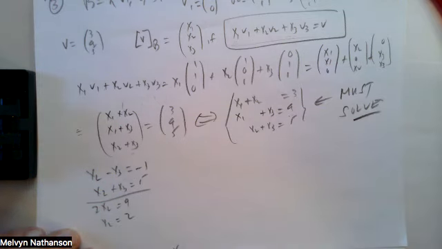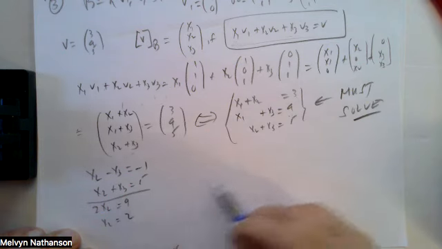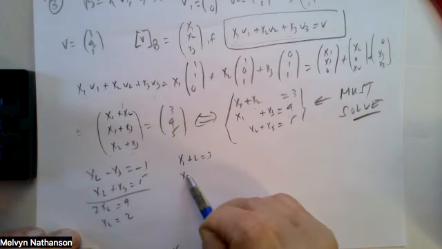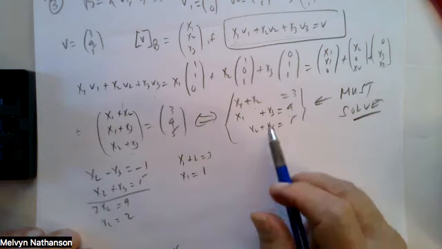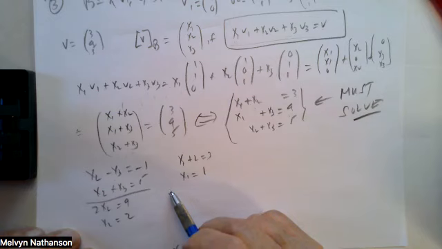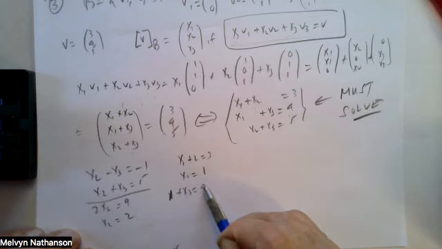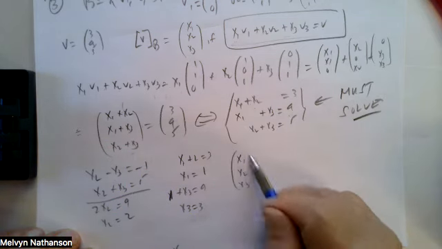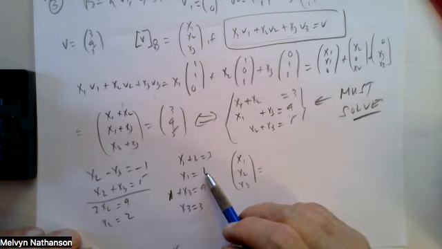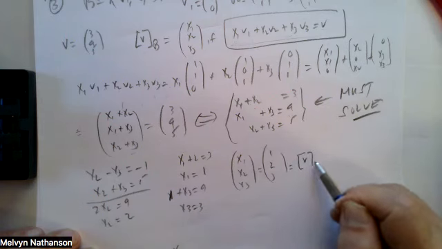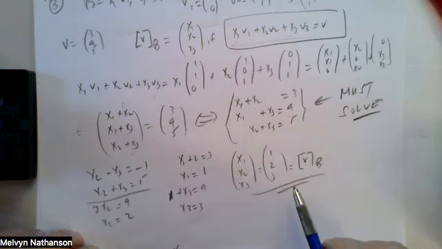So x2 is going to have to be 2. And if x2 is 2, this says that x1 plus 2 equals 3, so x1 has to be 1. And x1, which is 1, plus x3 is 4, so x3 has to be 3. So x1, x2, x3 is the vector 1, 2, 3. That's the coordinate vector of V with respect to this basis.